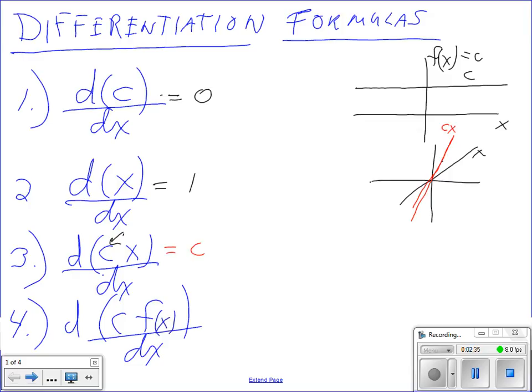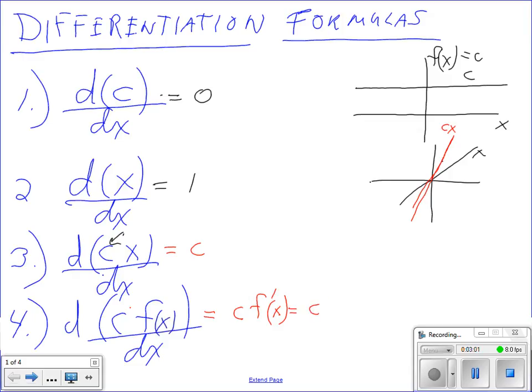That turns into a general principle down in number 4. If I take the derivative of some constant times a function, what do you think that's going to become? Well, if you multiply a function by a constant, you just scale the slope of that function. So this is just going to be C times f prime of x. I could write it this way. Remember my other notation?